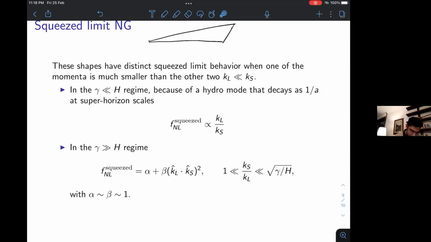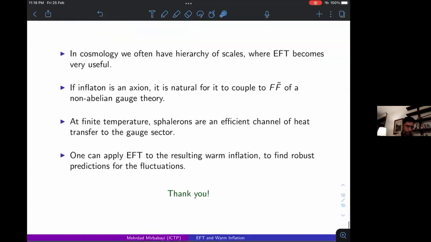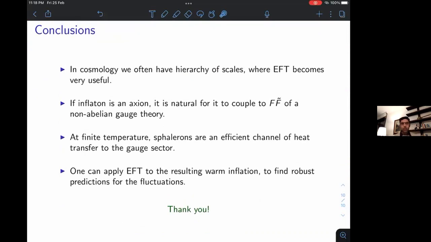There are other features that I don't have time to talk about. So just to conclude, we often deal with situations in cosmology where there is a hierarchy of scales, and in those situations effective field theory is very useful. I talked about one example, warm inflation.